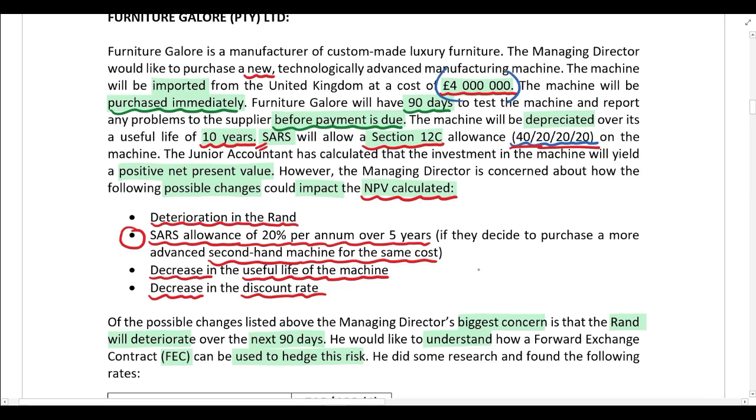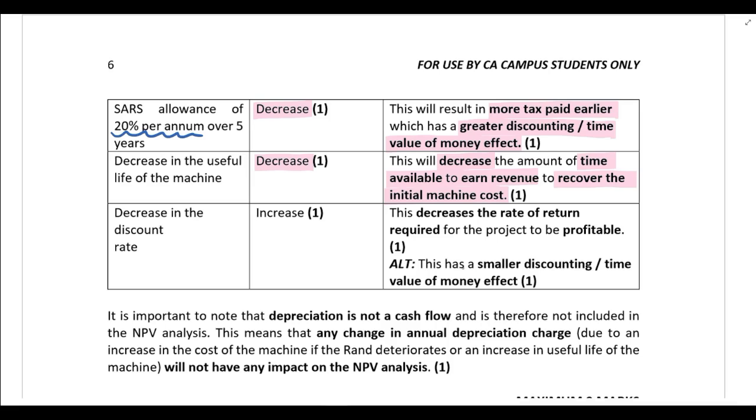So 10% is the minimum return that we want. So if the discount rate decreases, it means the minimum return that the company wants decreases, which means the net present value is going to increase because they want a smaller return to break even. So that would cause the net present value to increase.